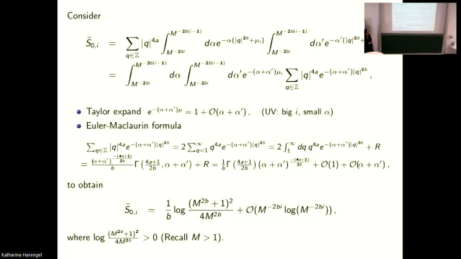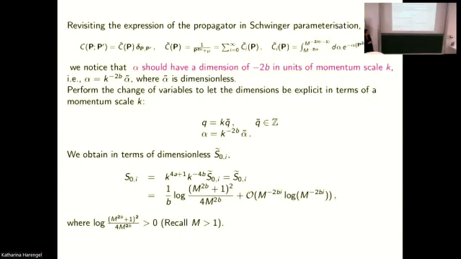What I skipped a little bit is that if you go back to the Schwinger parameterization of the propagator, you notice that because alpha and the momenta p are sitting in the argument of the exponential, alpha should have a dimension of -2b in units of momentum scale.